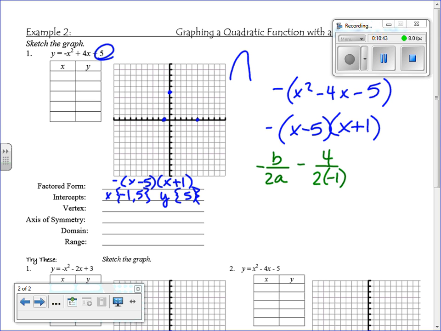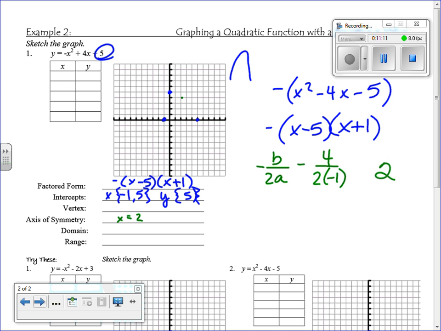That's all negative. 4 divided by negative 2 is negative 2, and the opposite of negative 2 is positive 2. So my axis of symmetry is right there at 2. x equals 2 is my axis of symmetry.